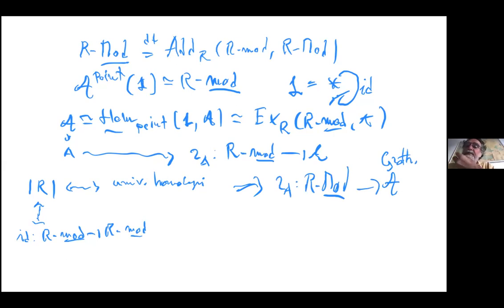So what we have is that the hieratic R modules, this abelian, this Grothendieck category, is of course provided with a functor to R modules, the usual R modules.